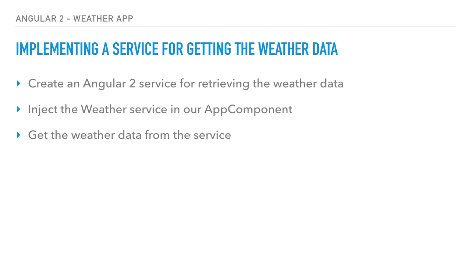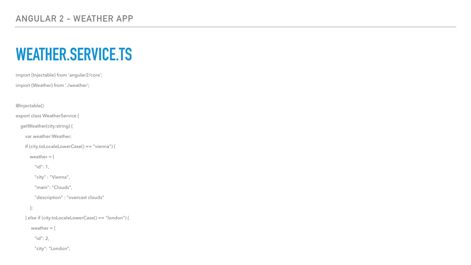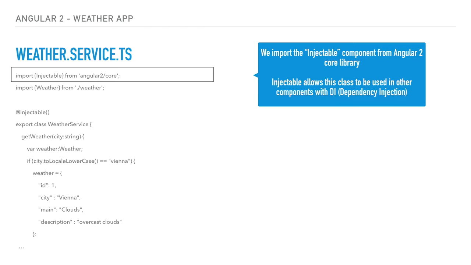So our goal is to implement a service for getting the weather data. We will create an Angular 2 service, then we will inject the weather service in our component, and then we will get the weather data from the service. So we need to create a weather.service.ts file, and this file, the first part, is super important.